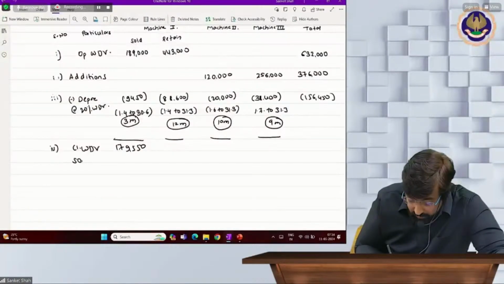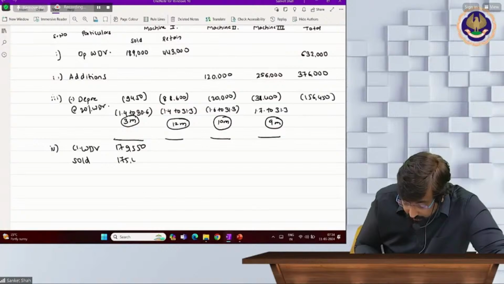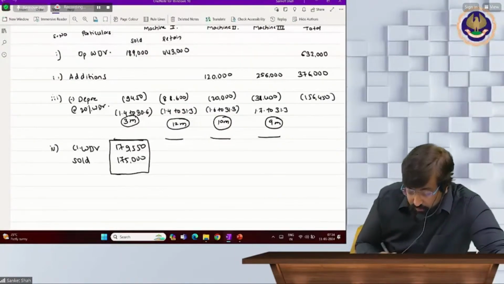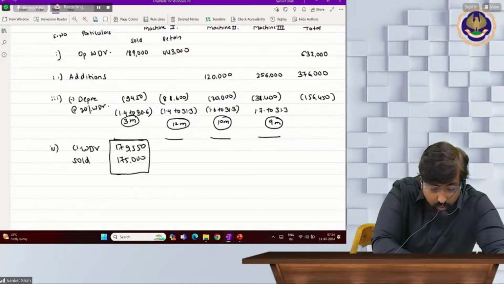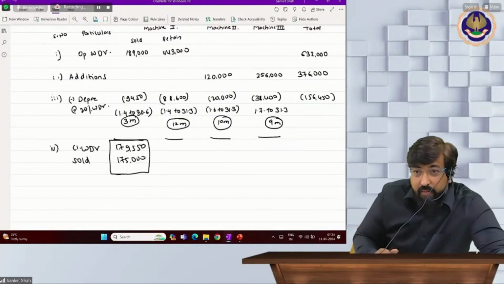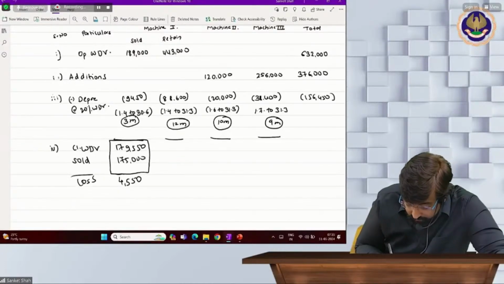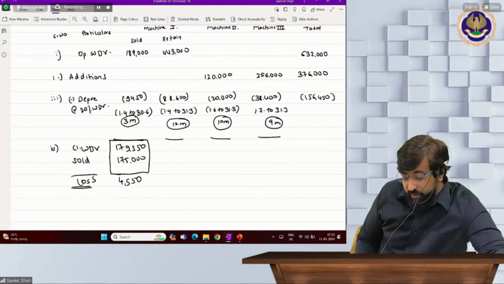And I sold it at 1,75,000. So this part is 0. Not block, actually. We are doing it as individual calculation. Block calculation is different as per Income Tax Act. So this is 4,550, and this is my loss. So loss is 4,550.